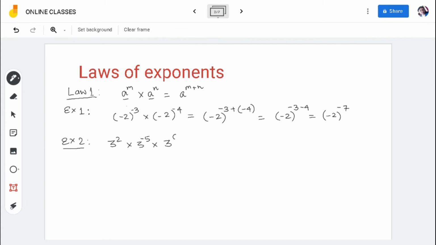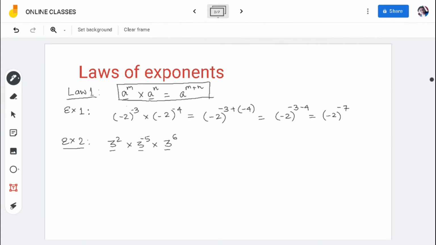Now for this law, if there are more than two terms, here we can see that here two a's are multiplying, and here we have taken an example in which three exponents are multiplying itself with the common base. Here the bases are 3 here, 3 here and 3 here, and as per the law, if the bases are same and powers are different, they get added.